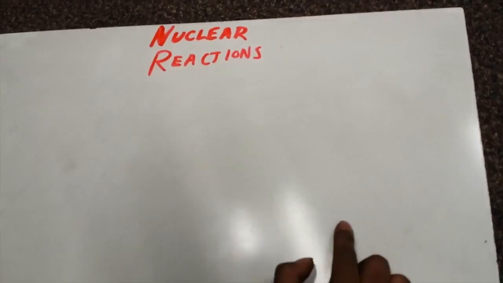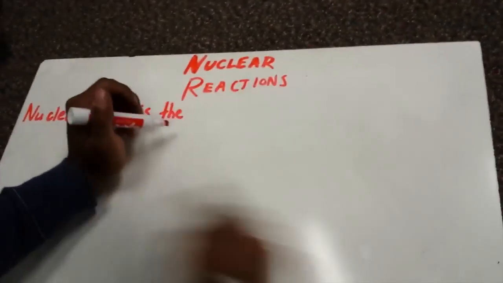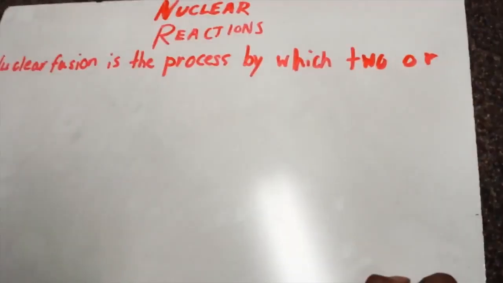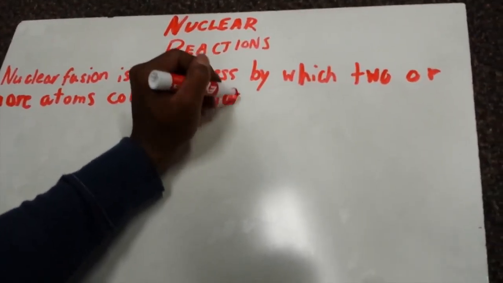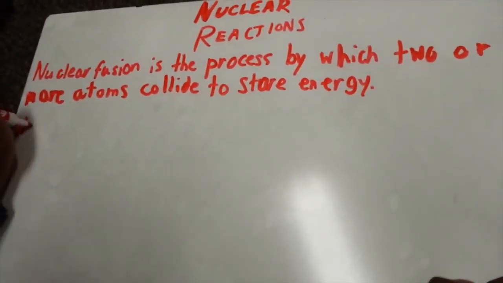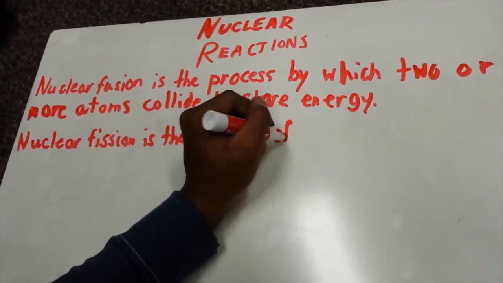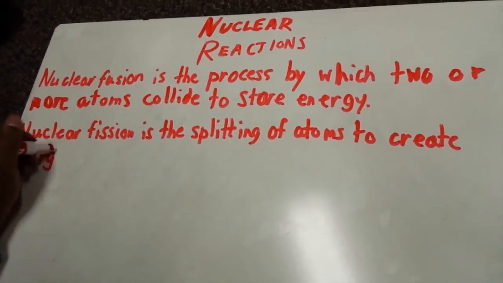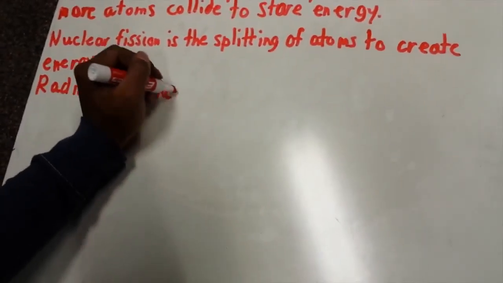Nuclear reactions. Nuclear fusion is the process of two or more atoms colliding to store energy. It's sort of like how the human body uses fat to store energy. Nuclear fission is the process by which these atoms split and are used as usable energy. This is how the sun and other stars survive.